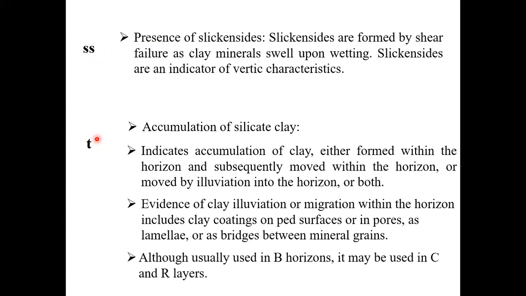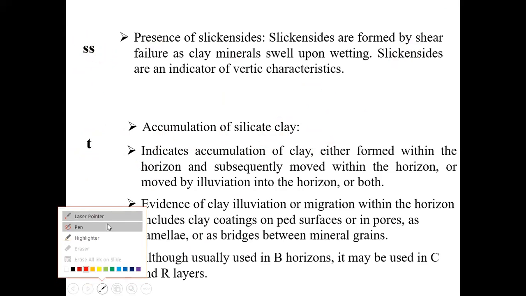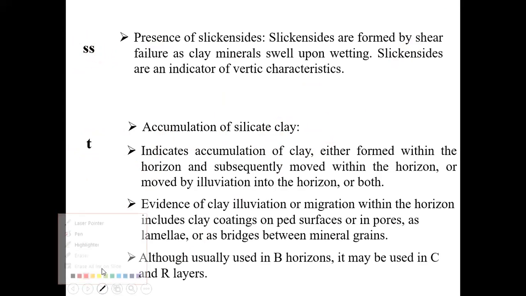T means, if you give the T notation, that is nothing but the silicate clay layer. The accumulation of silicate clay, generally, is called the T, students. For example, if a particular B horizon has accumulated silicate clay, we will note it as BT. Just for example, there is a B horizon, a master horizon, and that master horizon has accumulation.